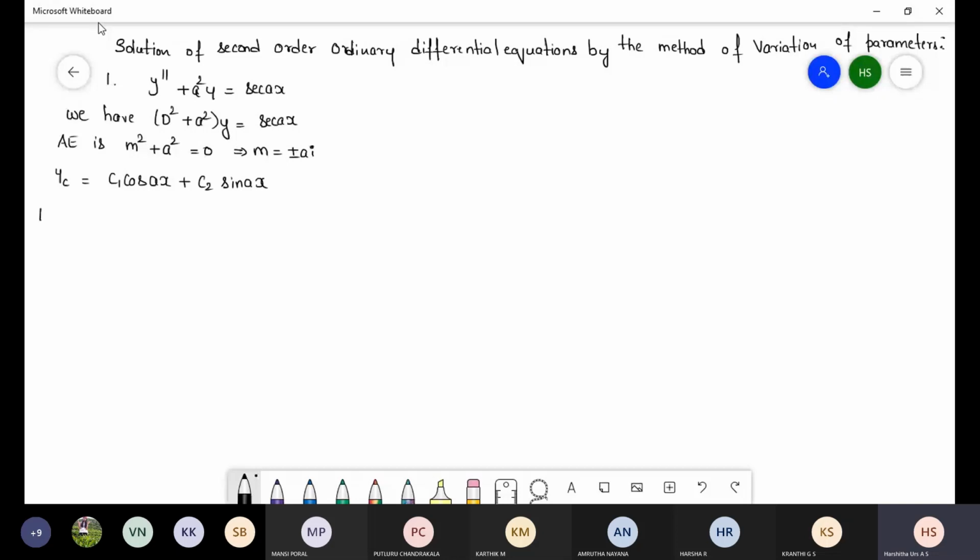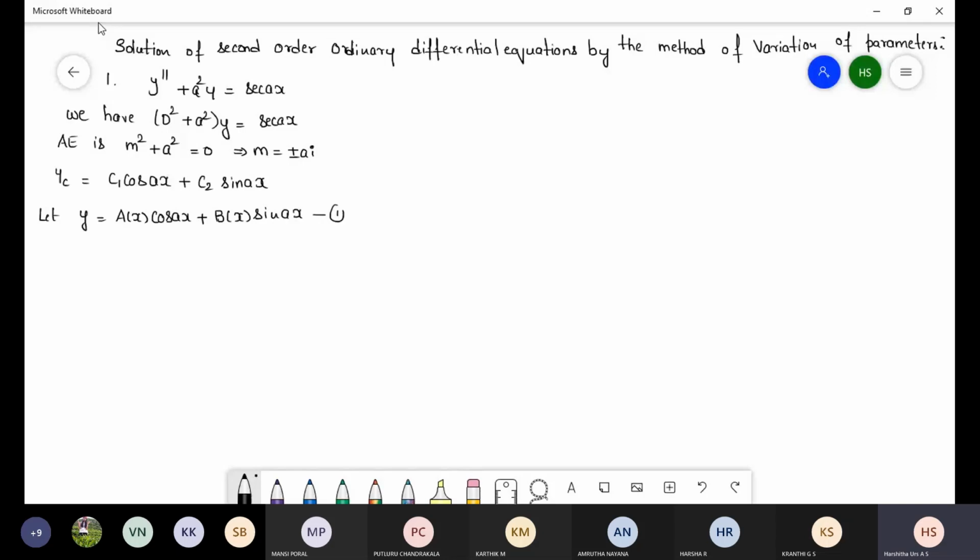Next, what we have to do: let y is equal to c1, I will write it as A of x, into cos ax plus c2 as B of x into sin ax.